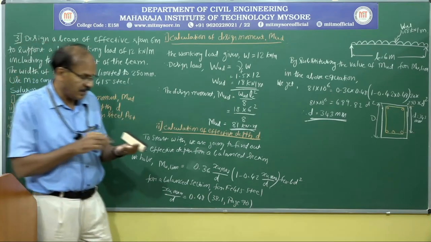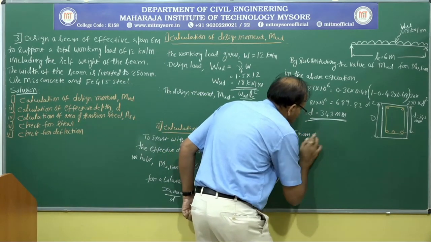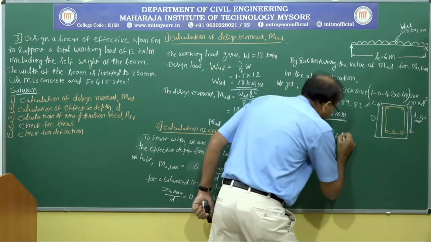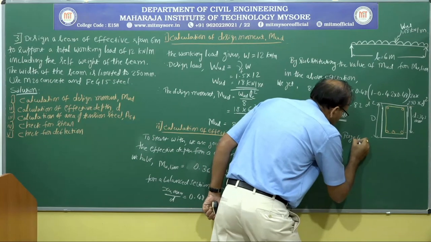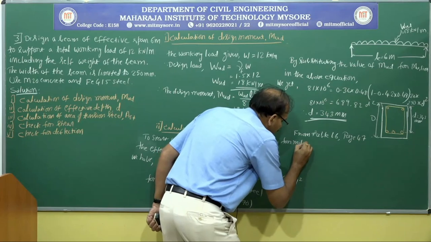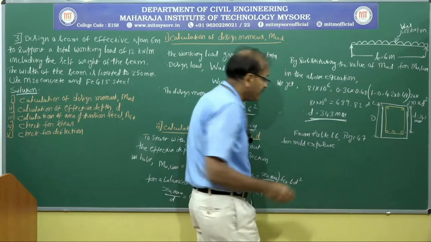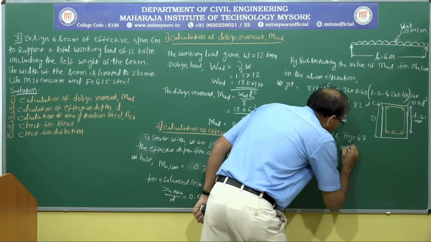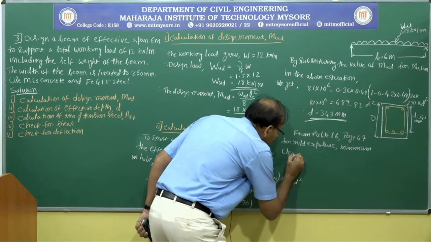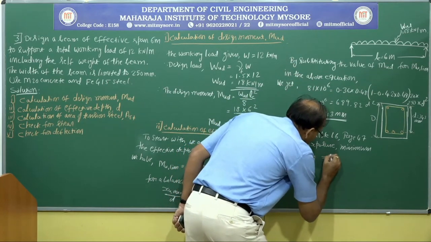So from table 16, page 47, for mild exposure, minimum clear cover equal to 20 millimeter.